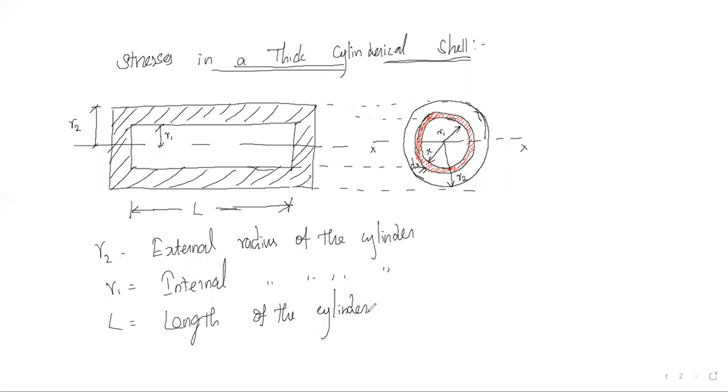L equal to length of the cylinder, and Px is equal to, so I will draw another diagram. This is with respect to the strip.